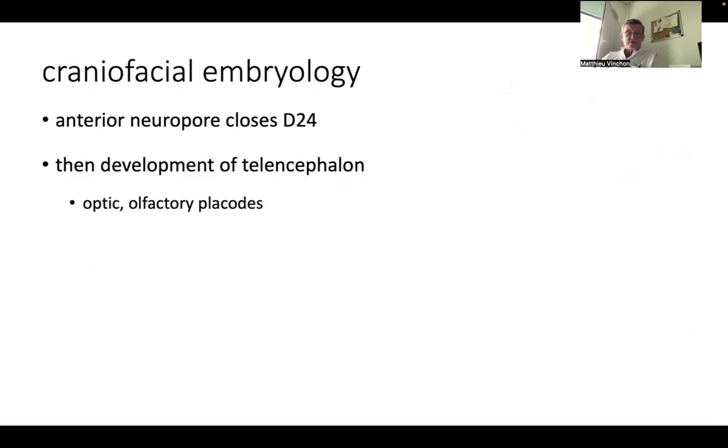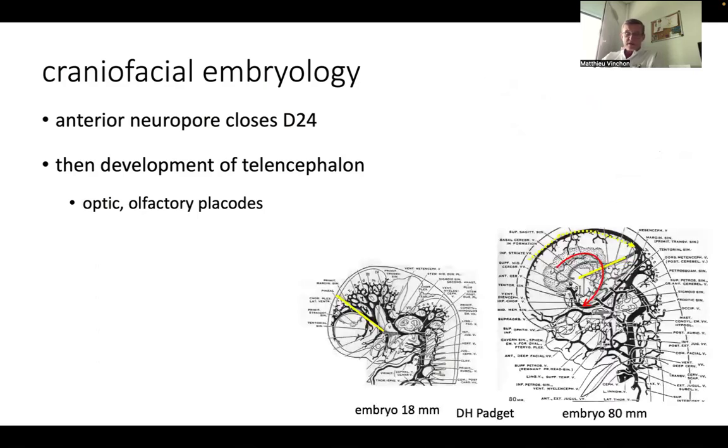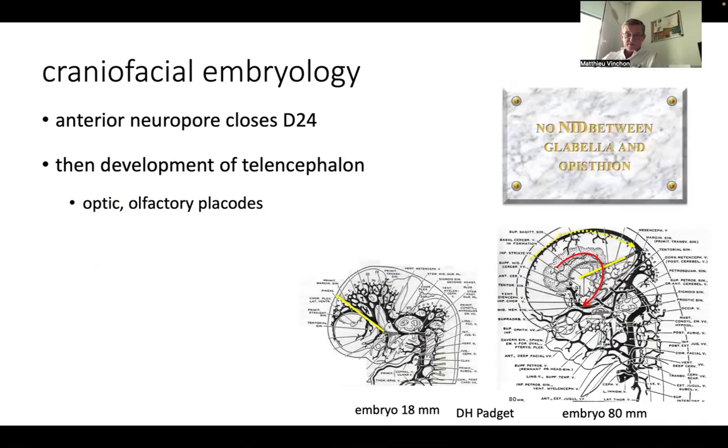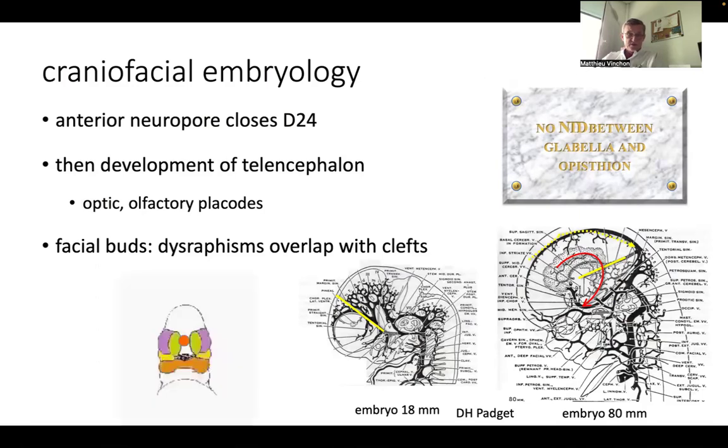So I spoke about the anterior neuropore, which closes around day 24, and then the development of the telencephalon. These are again the drawings by Dorcas Hager Padget. And the facial buds explain why these dysraphisms will overlap with the clefts. This is the development of the different facial clefts.